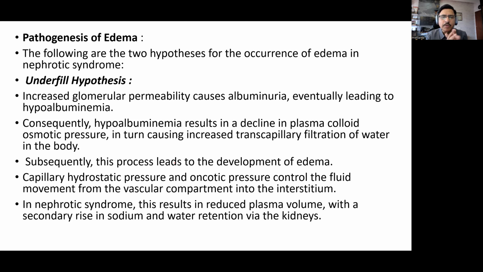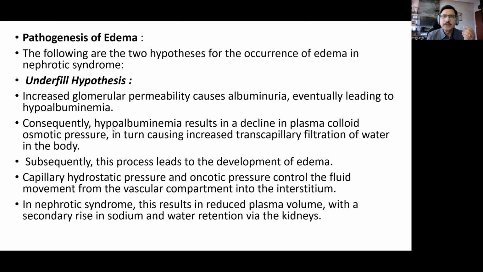Normally, whatever fluid has come into the interstitium will come back and join at the venous end of the capillary, because the plasma proteins will be calling, come on, you fellows, you have gone out. There is a sort of invitation by the colloidal oncotic pressure to pull back the fluid into the system. Here, the protein itself has gone into the interstitium.